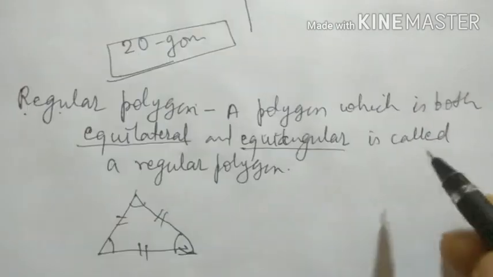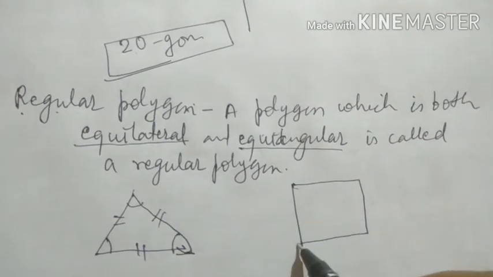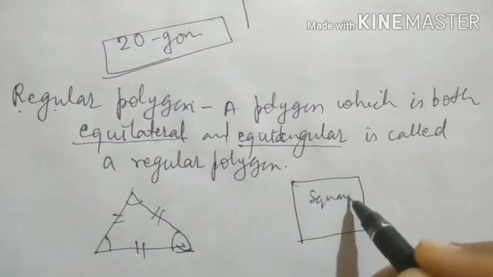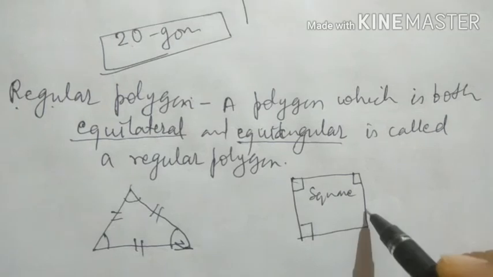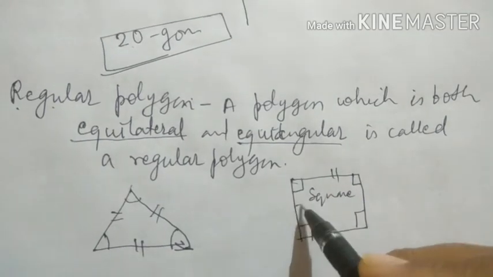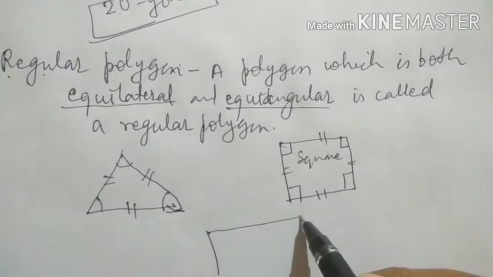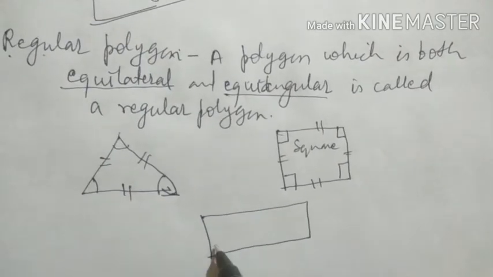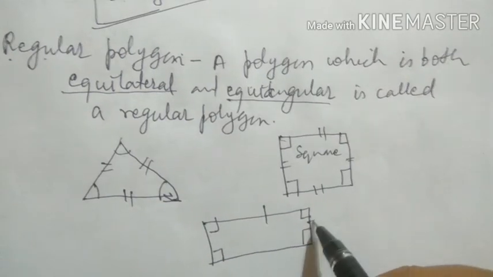Okay. In the case of a quadrilateral, a square is a regular polygon, as all its sides are equal and all the angles are also equal. But a rectangle is not a regular polygon. All its angles are equal but all sides are not equal.